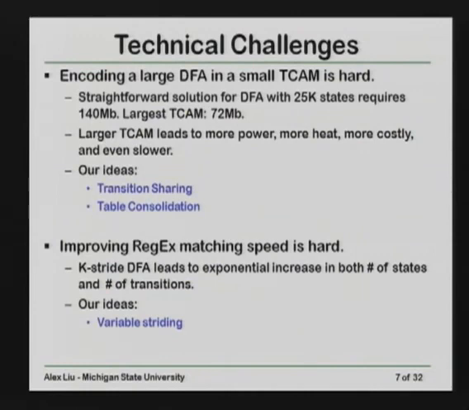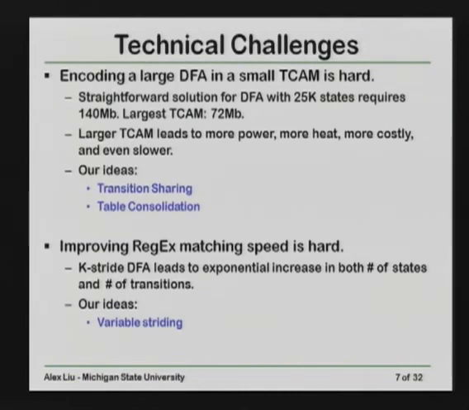Another technical challenge is that improving the regular expression matching speed is quite difficult. Typically, using a DFA, at every lookup we can consume one character. If you want to improve speed, you have to consume multiple characters at a time.